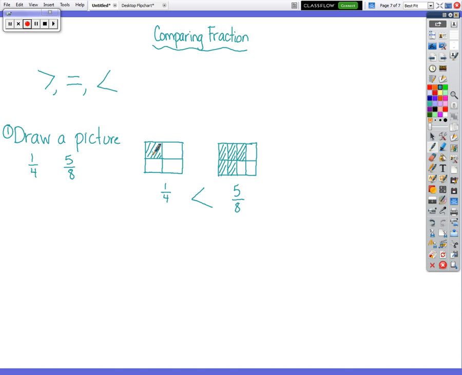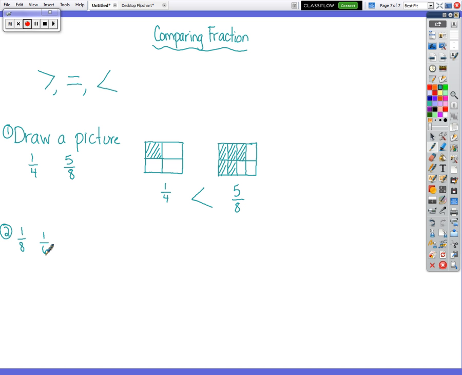Your second strategy can only be used sometimes: when the numerators are the same. Let's say I have 1/8 and 1/6. If my numerators are the same, I look at my denominators.